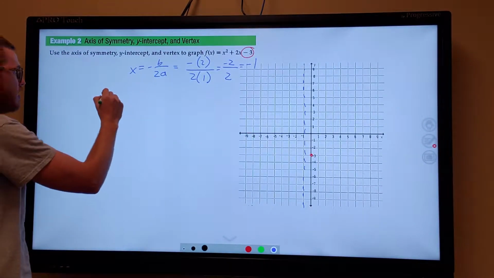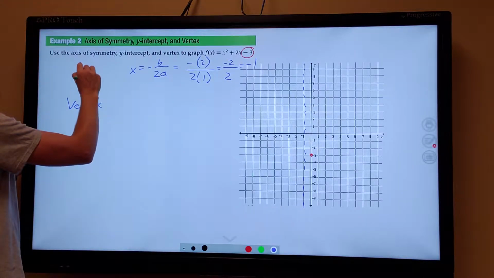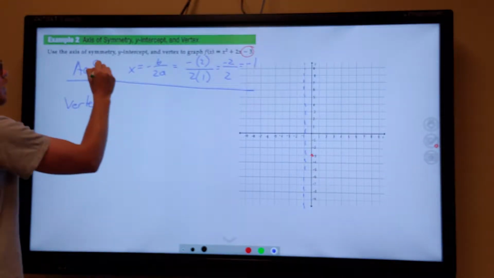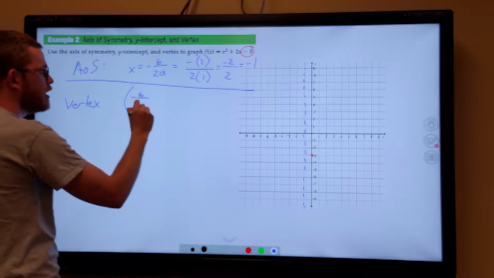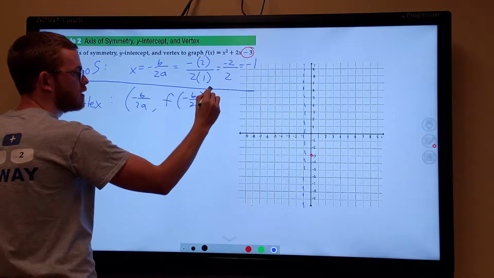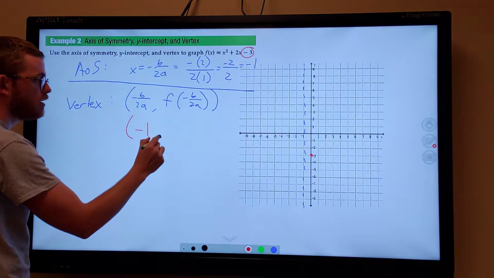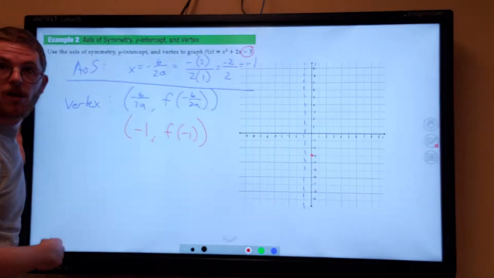And our vertex, we just found the axis of symmetry. The vertex, we know it's that -b over 2a, and then f of -b over 2a. -b over 2a was -1, and the y value is going to be f of -1.